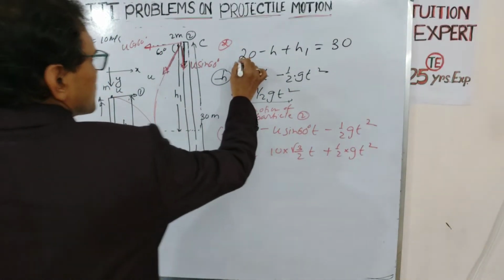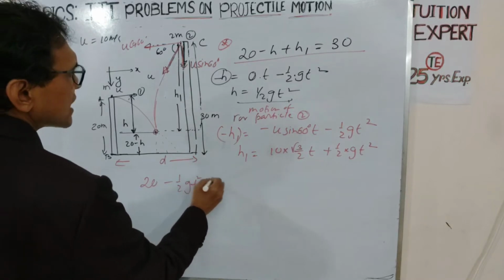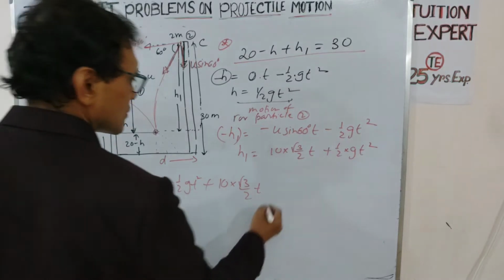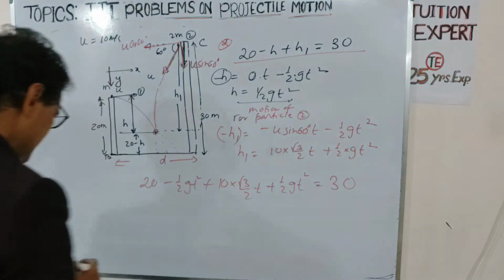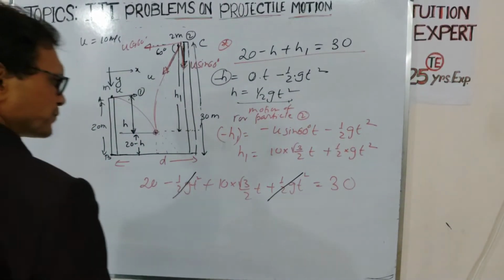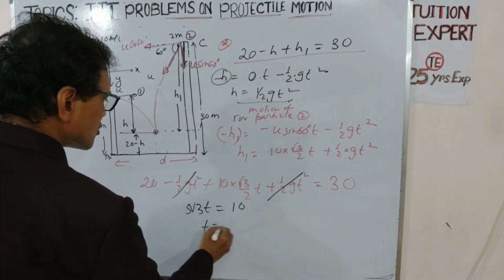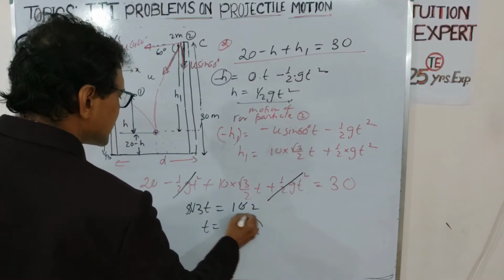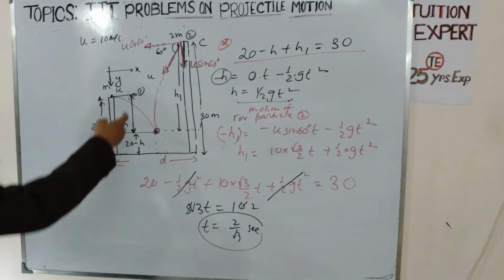Now from this equation, 20 minus h plus h1 will be 30. So cancelling this and this, we get 5 root 3 t equal to 10, that is t equal to 2 by root 3 seconds. So after this time, two particles collide here.